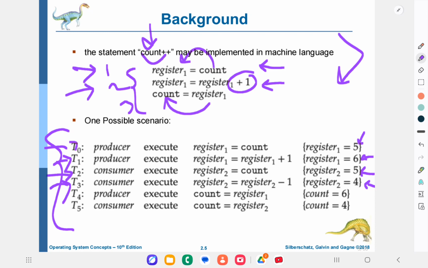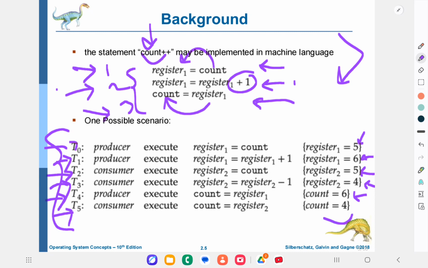Assume that before it gets to the last line, the consumer gets interrupted again by the producer. The producer had stopped at this point, right? So it continues executing its last line: count equals register 1. So now count is 6. Then at that point, it gets interrupted by the consumer again, which had already stopped here last time. So it will continue to the third line, which is count equals register 2.